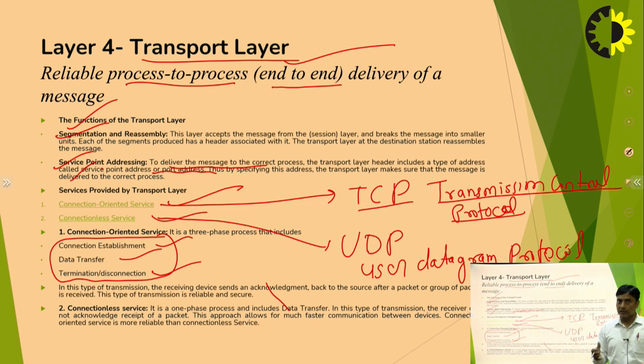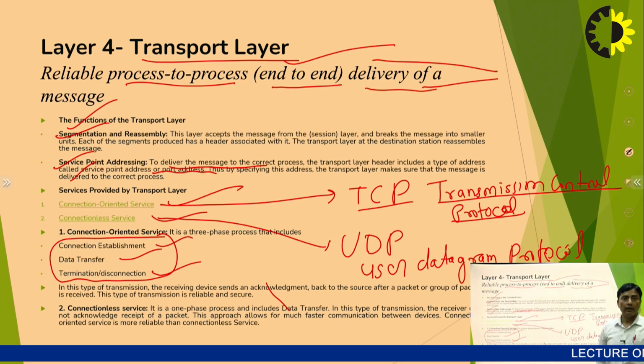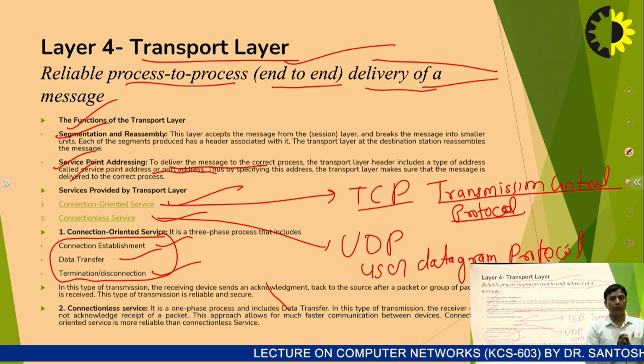If you want fast communication, UDP is there, but UDP is a connectionless service with no concept of acknowledgement. The transport layer is a very important layer, because it lies in the middle and plays a very important role.